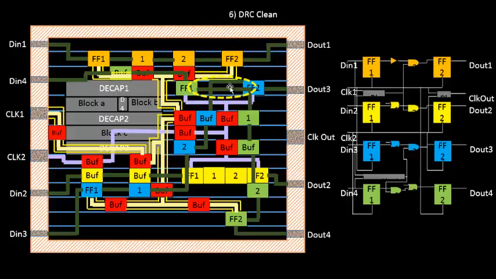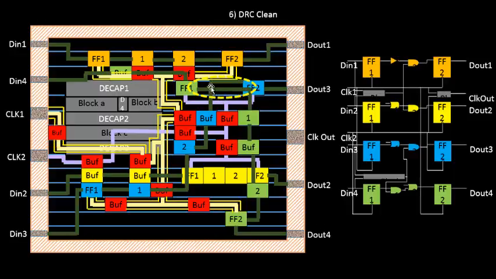Let's say the rule says that between two different routes the minimum distance should be 10 micron, and over here the distance is 5 micron. This will be flagged as a DRC violation, called a design rule check violation.